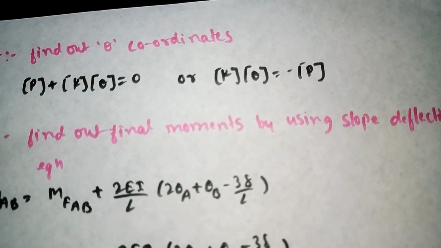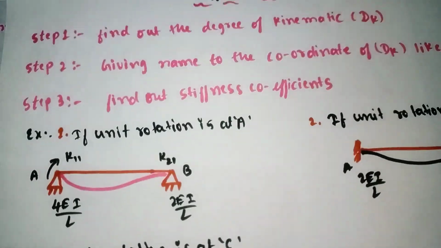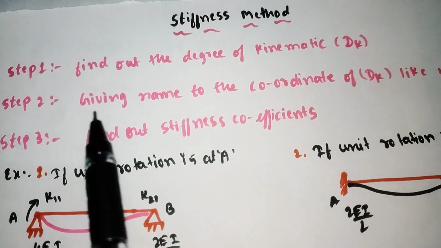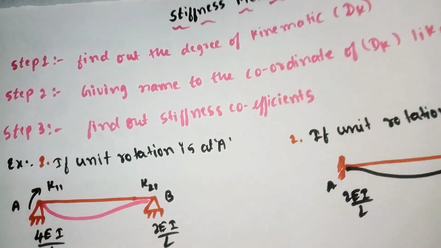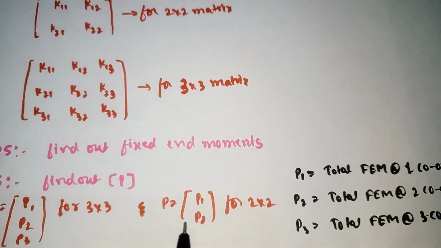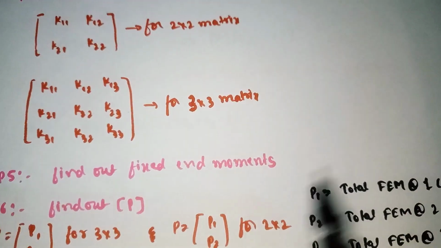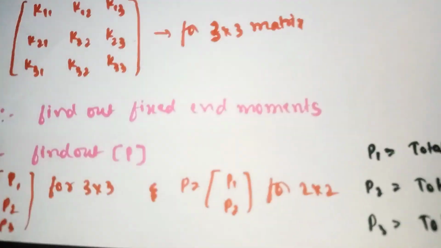The K matrix is this value, and theta we get from our step number 2. We need to put that value, and for the P matrix we put this or this according to our problem.